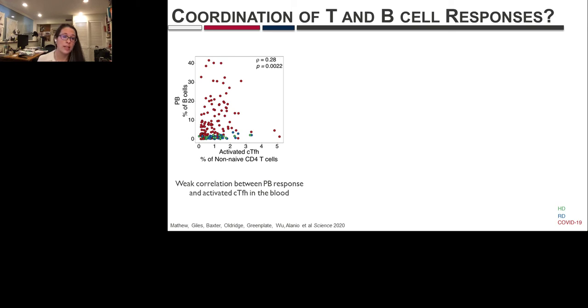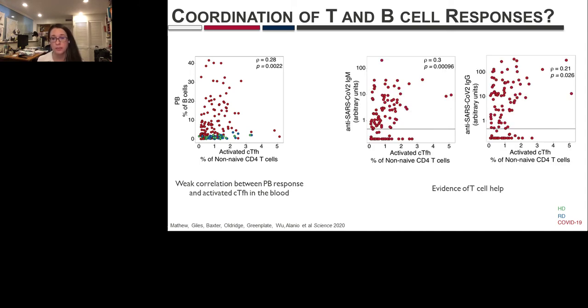Then we wanted to compare these activated CTFH directly to the antibody levels, and that's shown here. And again, what we see is a statistically significant but relatively weak correlation. What this data in sum tells us is that there is probably some amount of T-cell B-cell interaction going on in the secondary lymphoid organs that is leading to the production of this antibody.